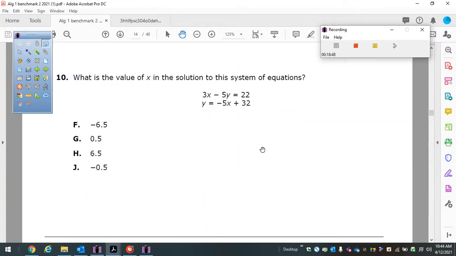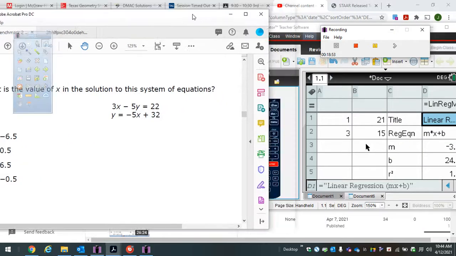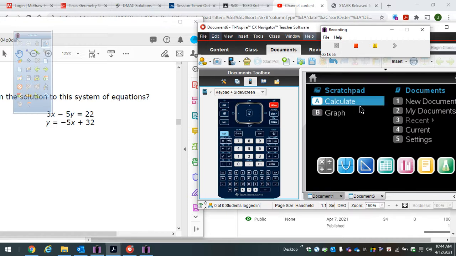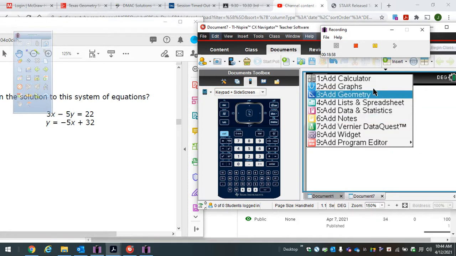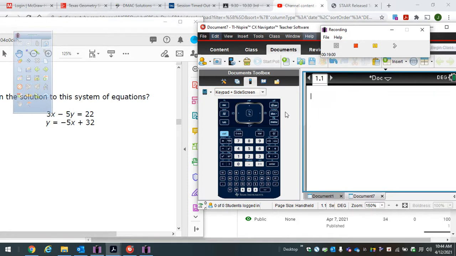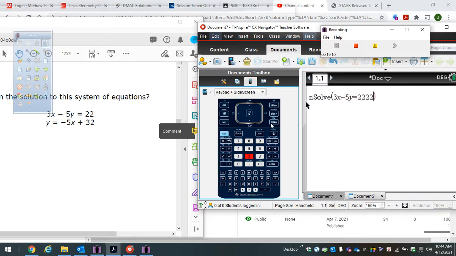This is a joke. Turn the calculator, go here. Now, we're going to go to calculator. We're going to go to here, menu, 3, 1. We're going to go to 3x minus 5y equals 22.